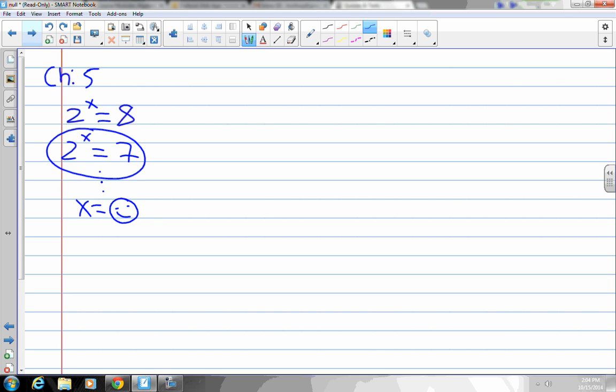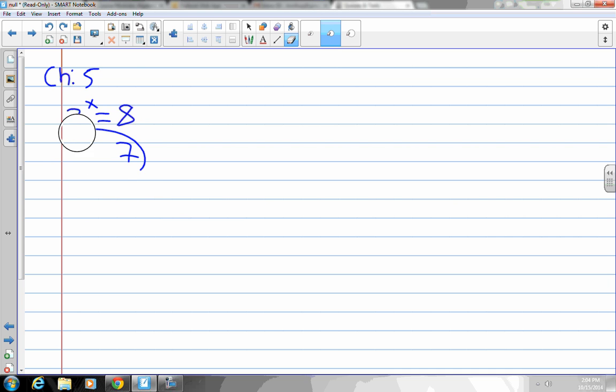We have to come up with something fancy. I will have to use logarithms of sorts, but we understand that the tools we have at this stage are not enough to solve that equation.